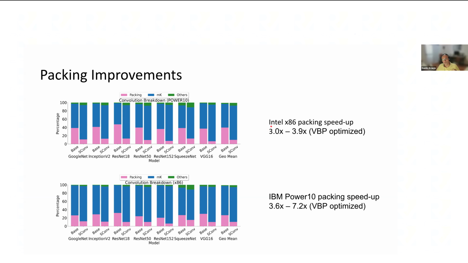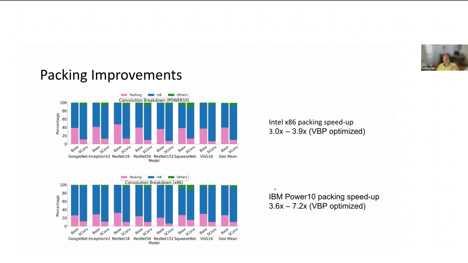We consider the base with Img2col, plus the packing that also happens inside BLAS in the traditional approach on the x86, as the baseline, and measure the time we spend on packing in the SConv algorithm. Because we are using the VPP optimized approach, we managed to get packing speedups. So be careful there: it's speedup just for the packing, of the order of 3 to 4.